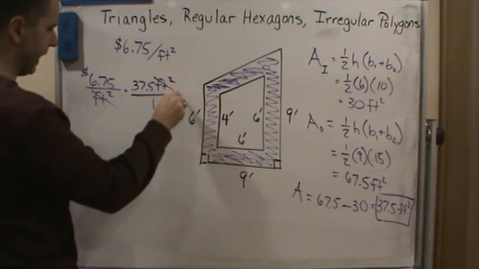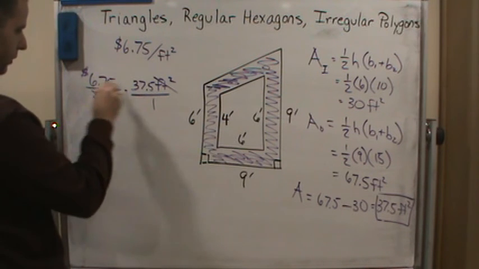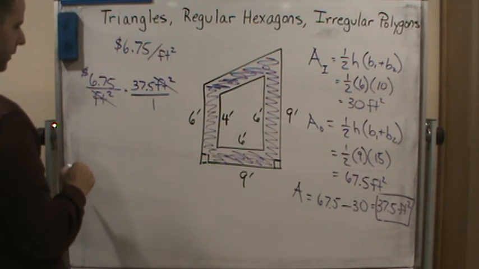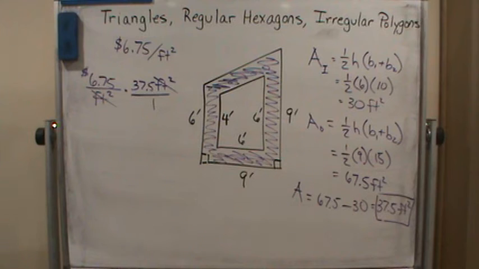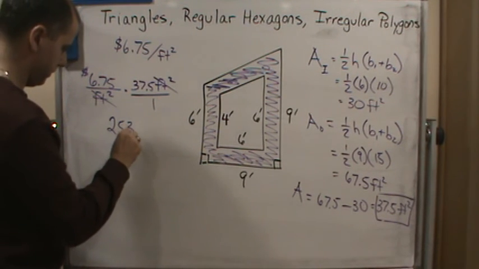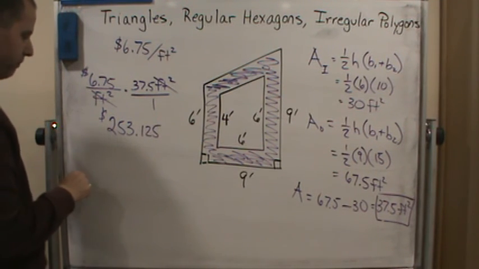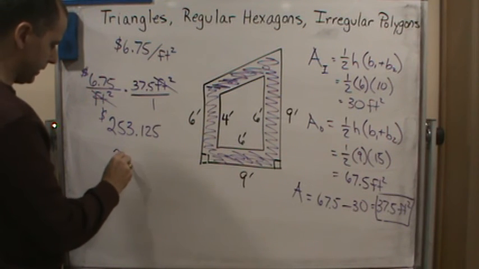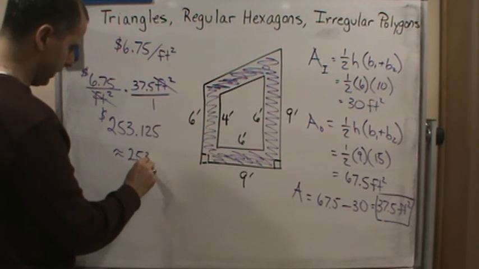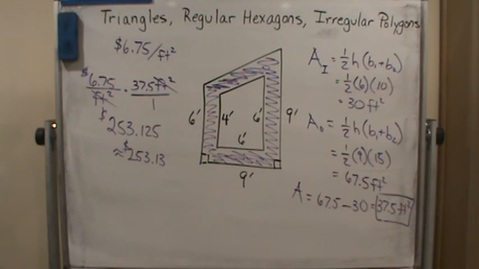The square feet cancel, and what do we end up with? We end up with dollars. That's exactly what we want. And we multiply, and so what do we get? We get 253.125. But again, we're going to round to the nearest penny. So it'd be approximately $253.13 is the amount that it'll cost.